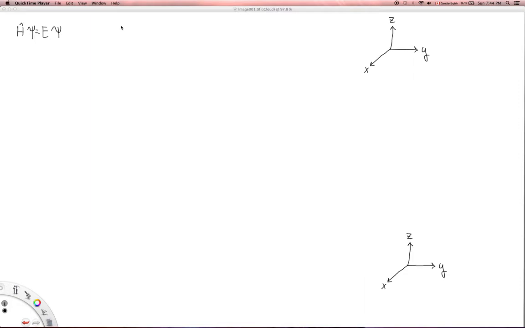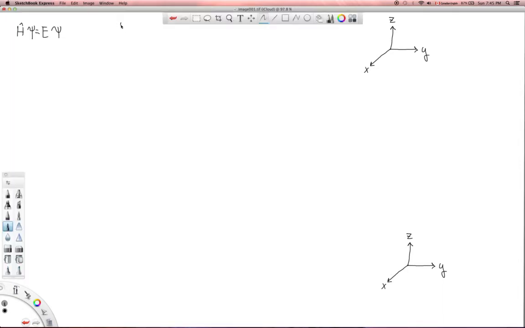There's a set of four numbers that define the electron within an atom, define the state of the electron. And these include N, L, M, and S. Those are the quantum numbers that you're familiar with.